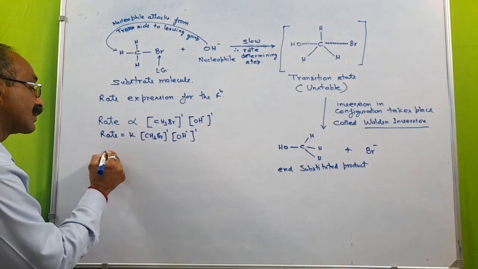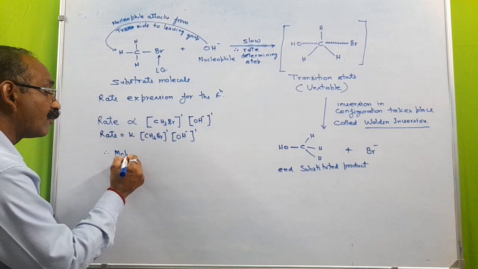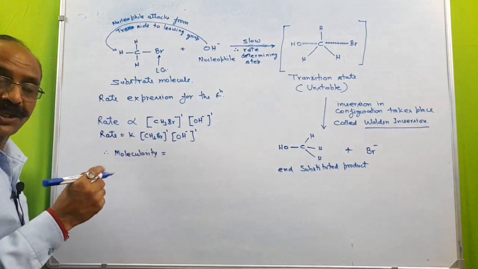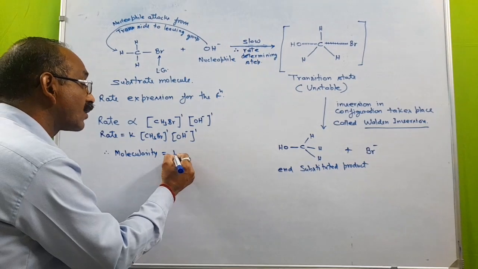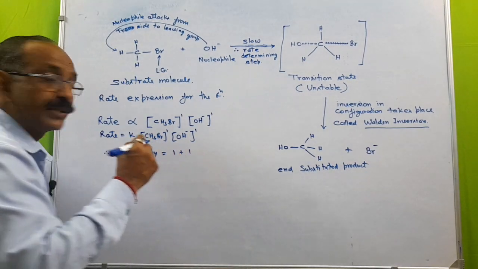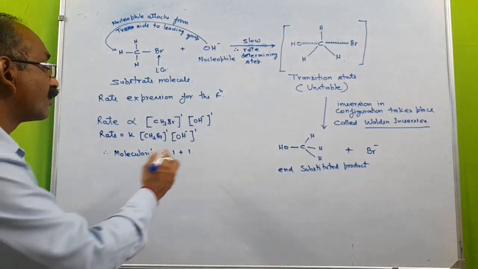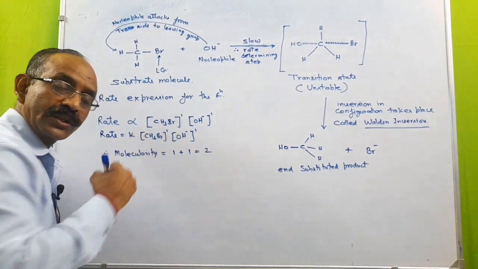And as we know, the sum of powers in the rate equation is called the order. So here the powers are 1 and 1, so the molecularity is 2.